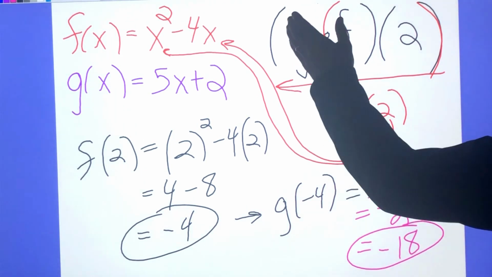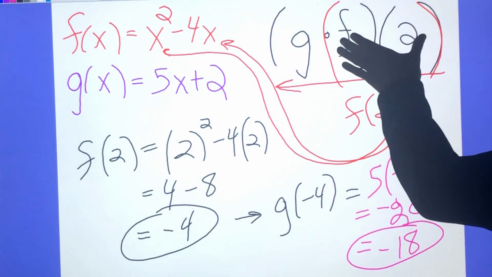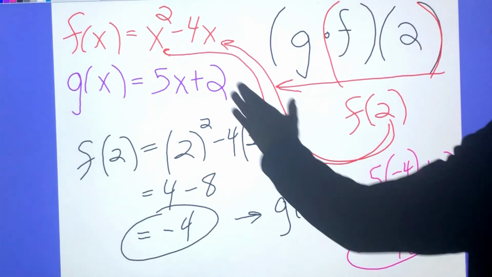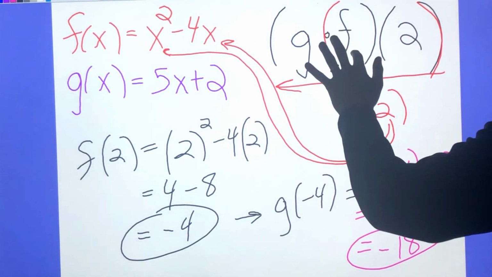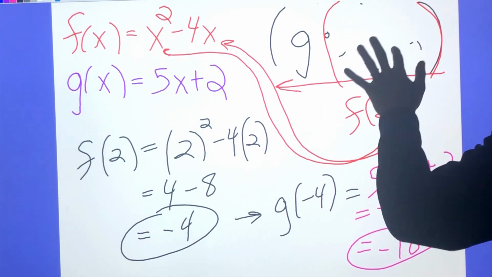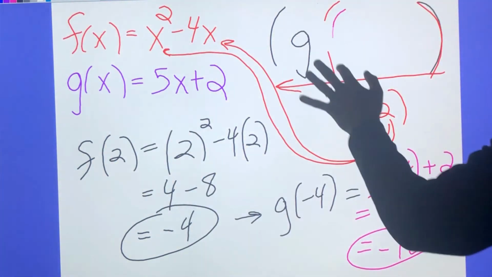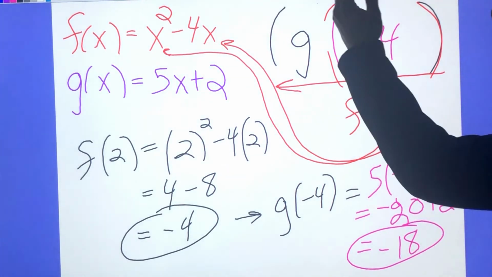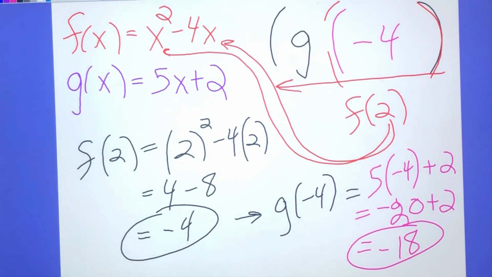So what is the function composition of g of f of 2? Well, that's -18. First, I have to figure out f of 2. That was -4. Then replace f of 2 here with a negative 4. And now I have to find g of negative 4. Here it is, negative 18. And I'm done. There are no more functions to plug in.